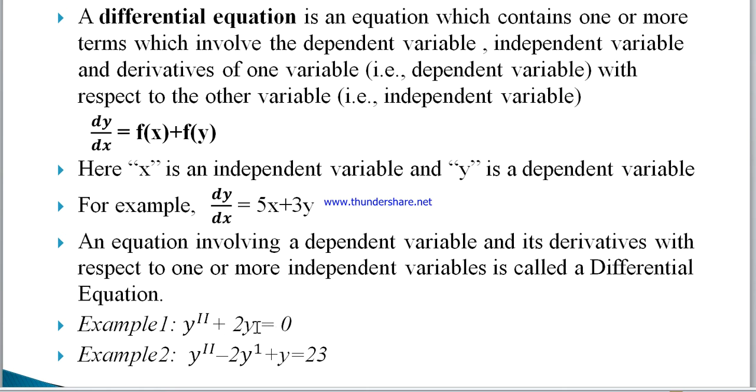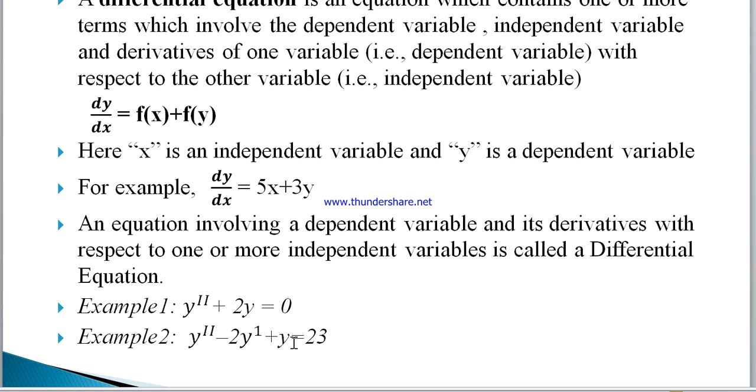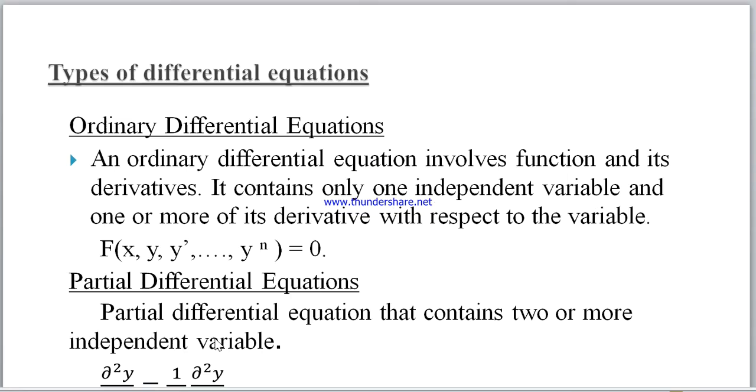Here y is a dependent variable and x is an independent variable, but the equation has only y terms. In the second example, y double dash minus 2y dash plus y equal to 23. This is also a differential equation, an equation involving only the dependent variable and its derivatives with respect to the independent variable.